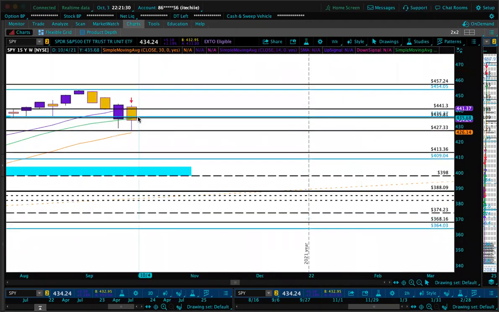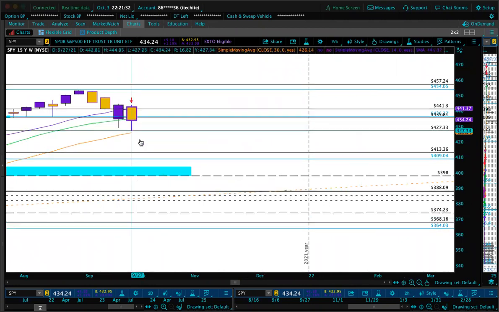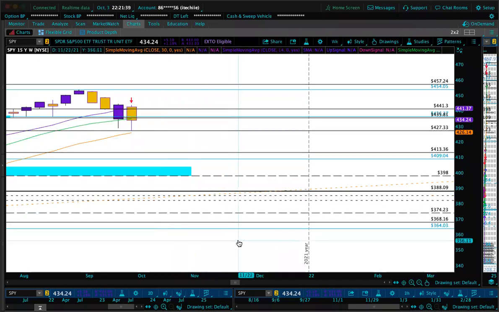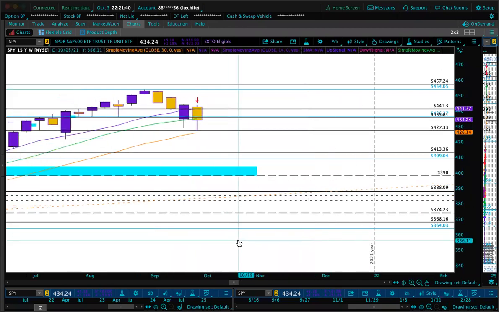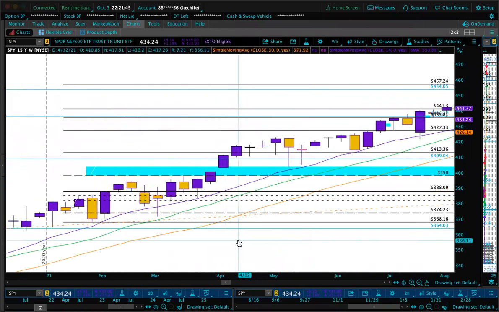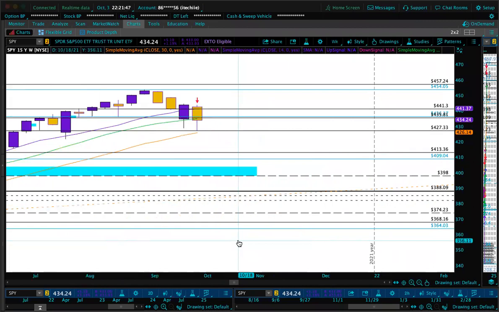Opening below 435.81, we got targets of 427.33. Below that, 413.36 and 409.04. 400 is going to be the fun part. That's going to be where we possibly bounce for a little bit.